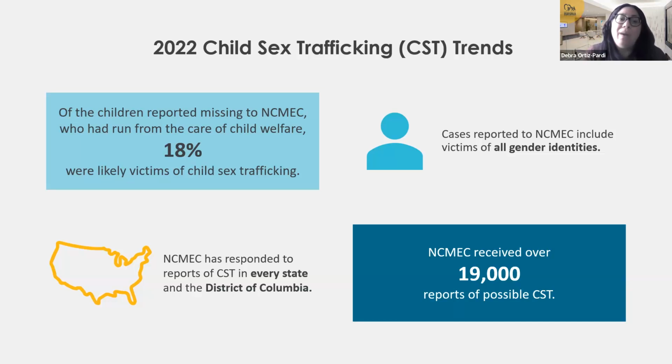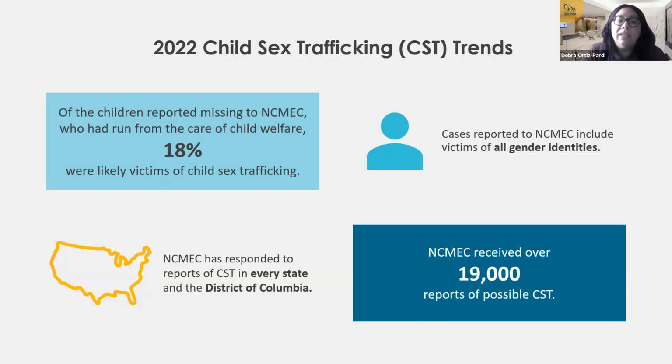This is not a problem that just exists in another country or in just certain areas of the country. This is something that can happen in urban, rural, suburban areas, tribal communities, and we receive reports through our reporting mechanisms from all of those types of places. So it's really important to debunk that myth that tends to be out there that this stuff doesn't happen in my community.